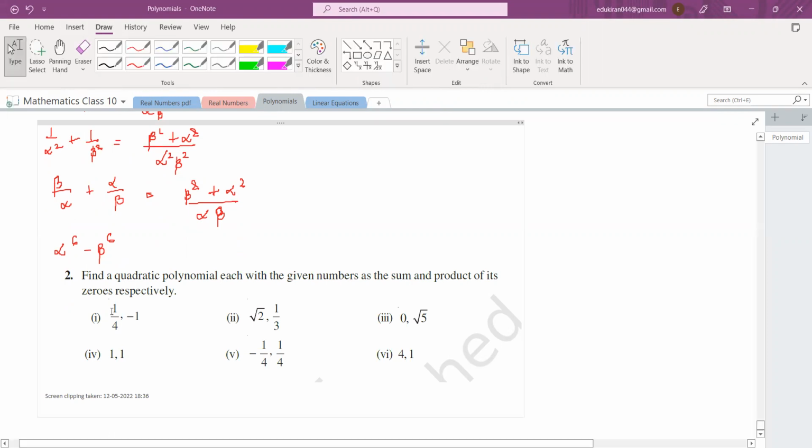Now this is: find a quadratic polynomial, each with the given number as the sum and the product of the zeros. So here in this question, the sum of the zeros is given, right? That is your alpha plus beta is already given, which is 1 by 4. Look at the first question. And then product, that means your alpha into beta is already given, which is -1.